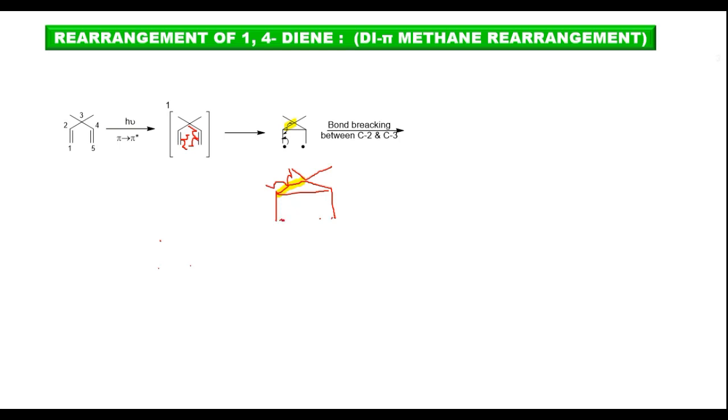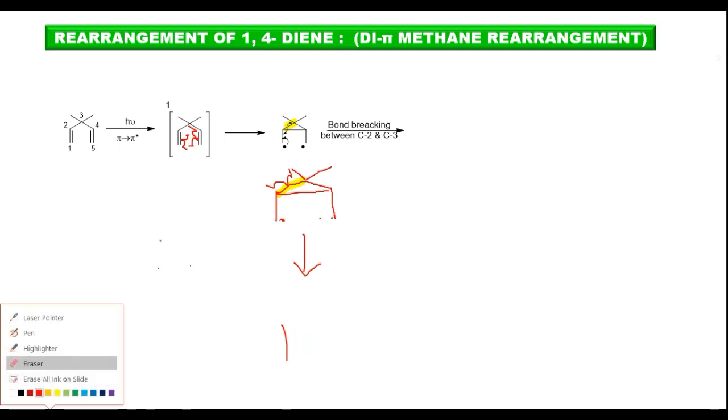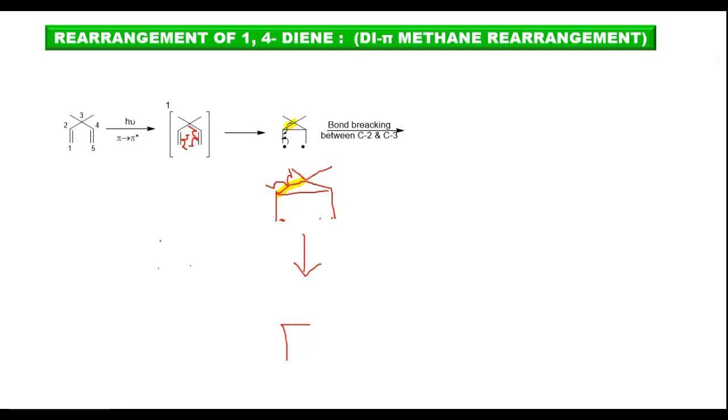After homolytic cleavage, we are going to get this, and already we have methyl groups.